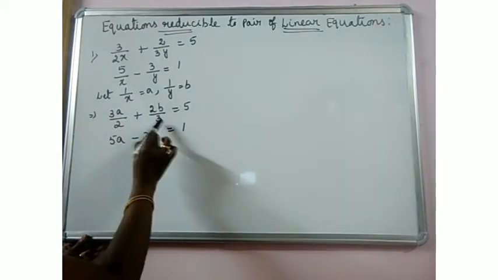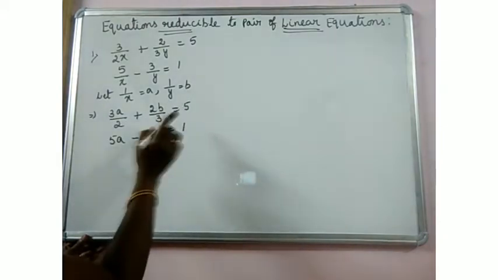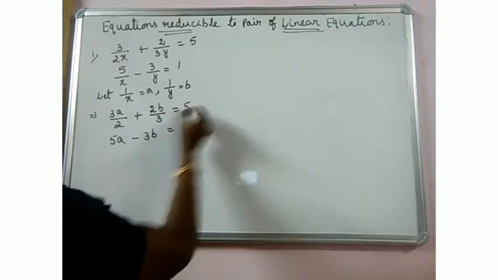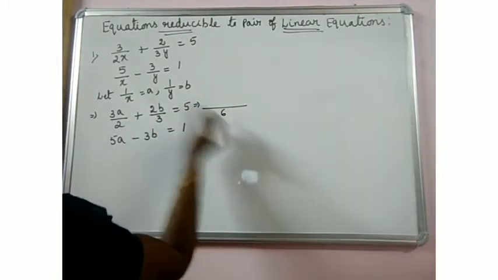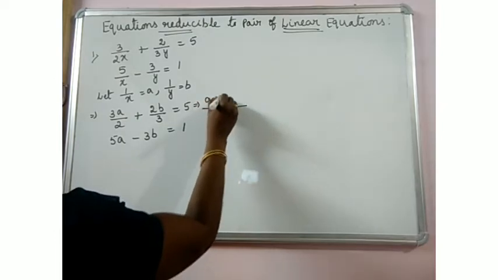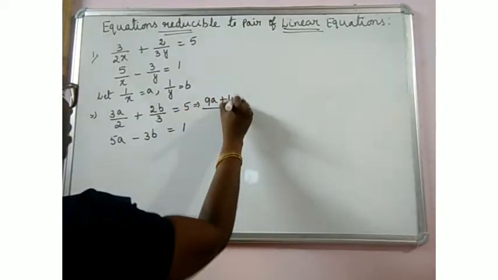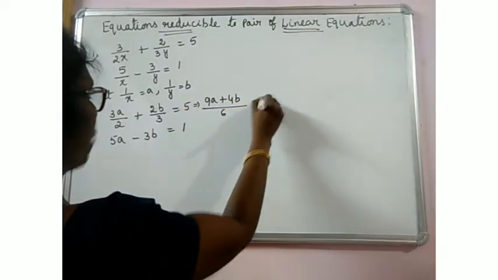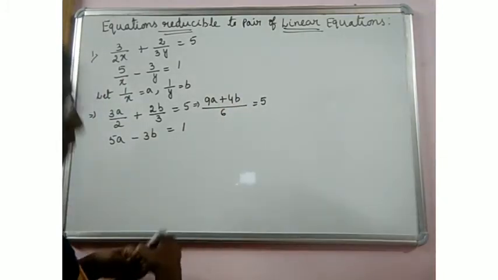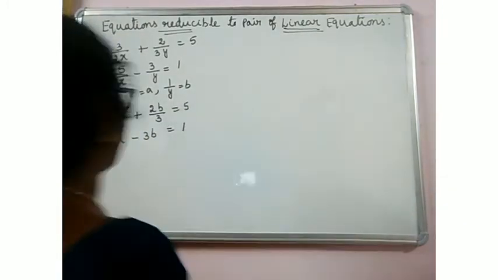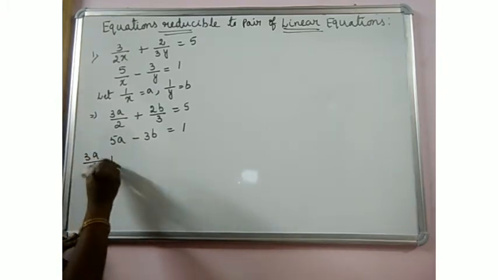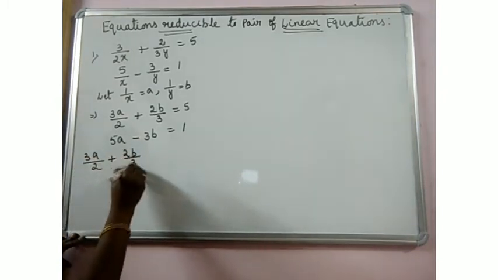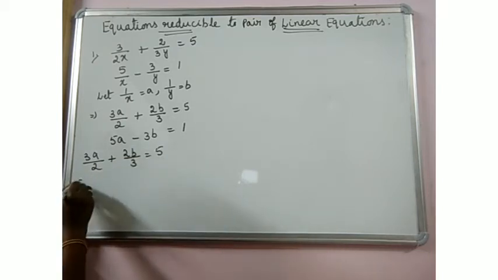In the denominators, these are 2 and 3. Let us make it simpler. Let me take 2 and 3, LCM is 6. Let me take that equation and simplify here: 3a by 2 plus 2b by 3 equal to 5.